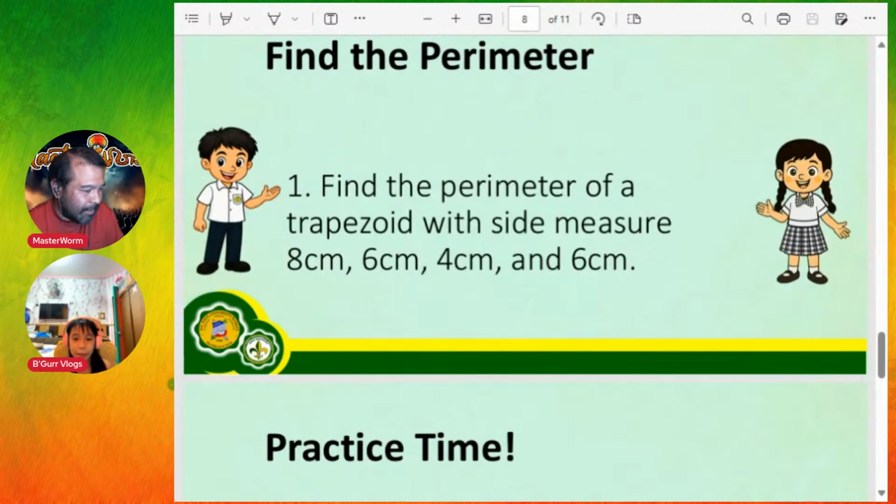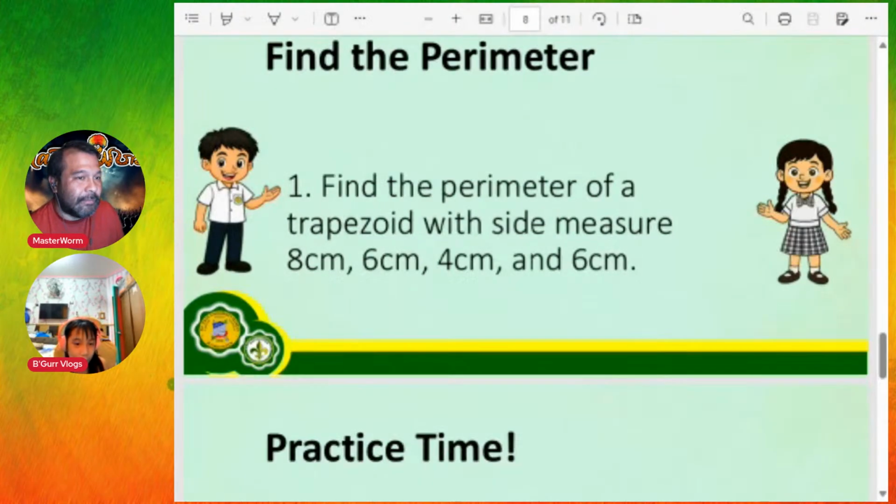What is the perimeter? Can you give me an answer? You need to solve. Can you see the numbers? Yes, I see it, Daddy. So what is the answer here?